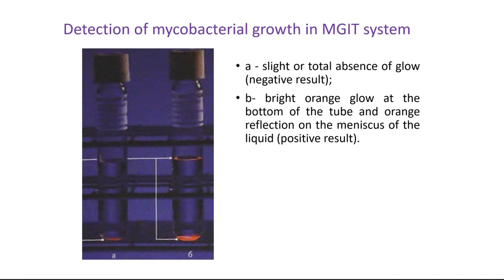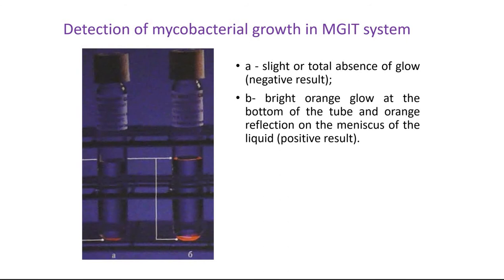Here you can see the detection of mycobacterial growth in the MGIT system. The growth of microorganisms is recorded optically. It is based on fluorescence, which occurs when oxygen is consumed by mycobacteria in the process of growth. An oxygen-dependent fluorochromic dye is found at the bottom of a special test tube and covered with a layer of silicone.